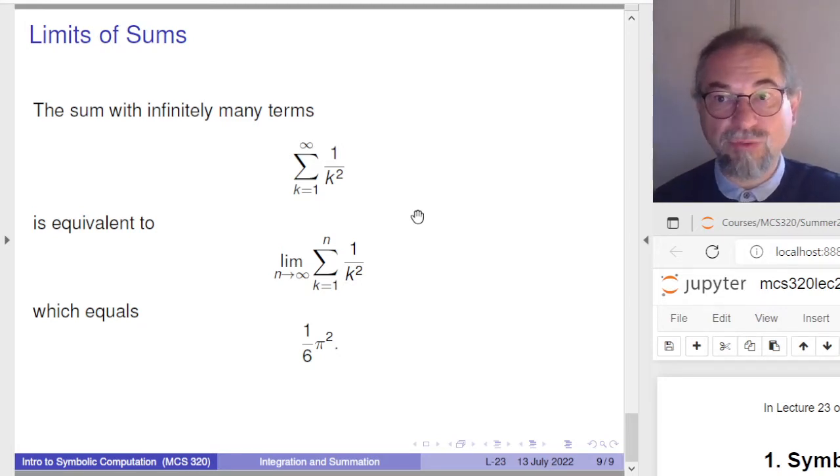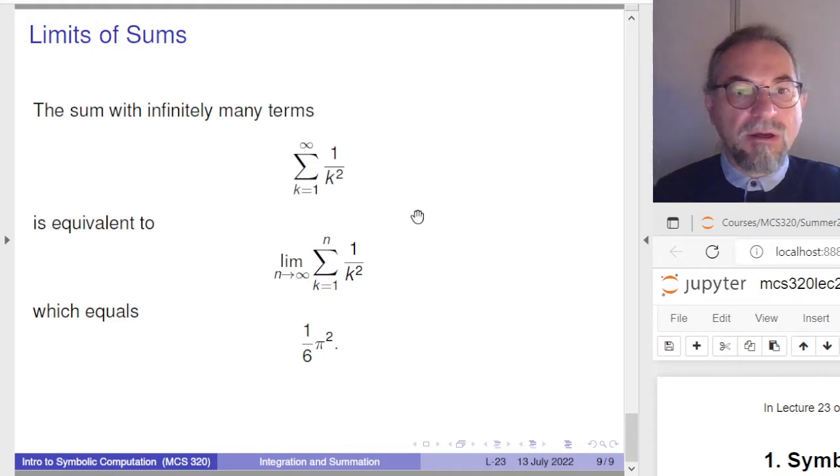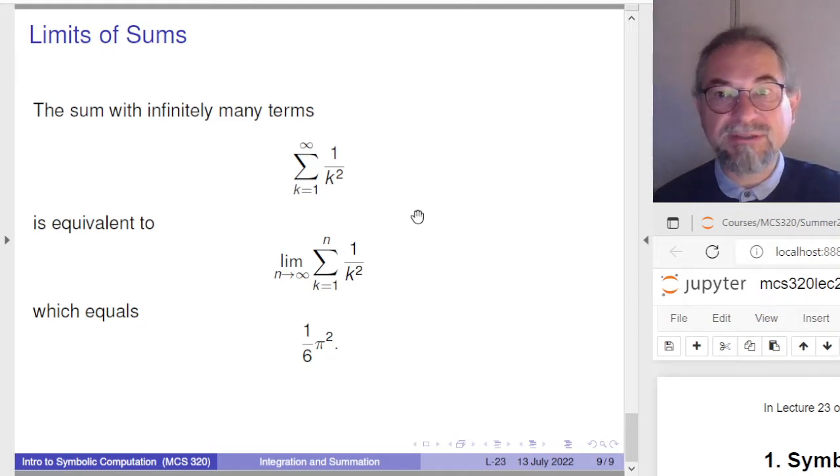In a way, this is also one definition of the integrals as limits. Then in this example here, this limit equals pi squared over 6. We will illustrate that Sage has capabilities for evaluating this limit.